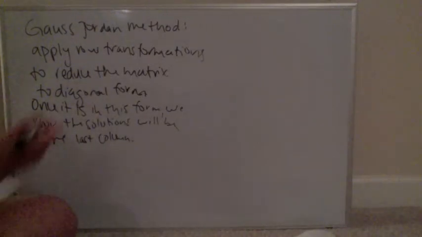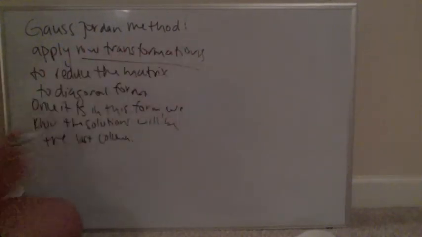Alright, so first off, what are these row transformations that I am talking about here? You don't always have to use all of these. I'm just going to tell you the options of what the row transformations are.